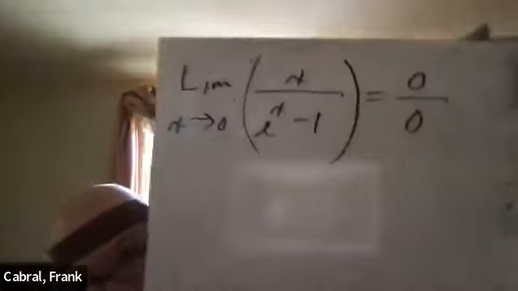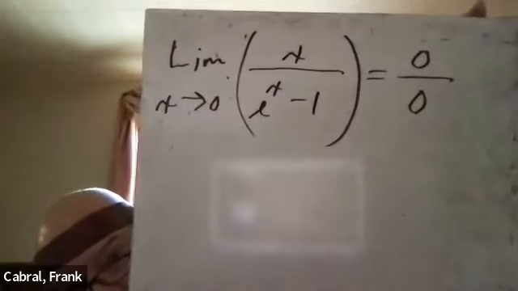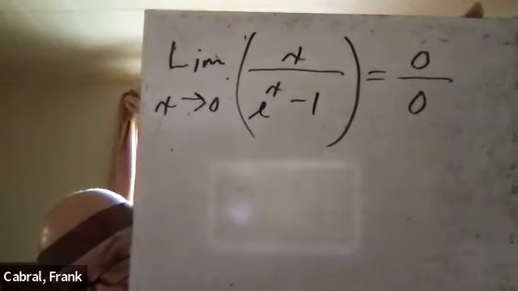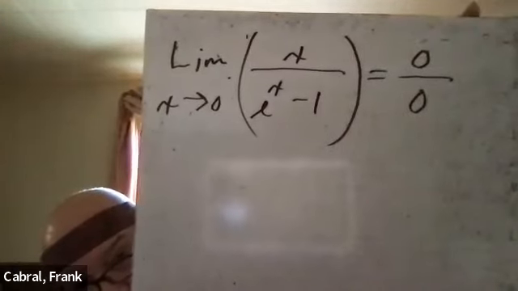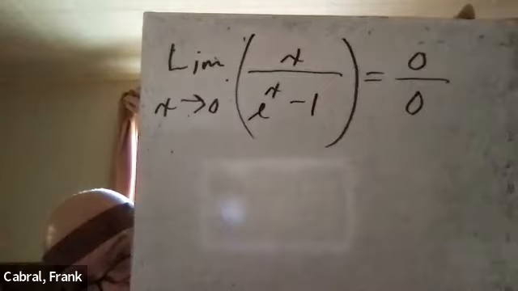Now, when we evaluate these limits individually, of course, the limit of the numerator is 0, and the limit of the denominator is also 0. So this is our second main or major indeterminate form, 0 over 0. So because it's 0 over 0, we can apply L'Hopital's rule, which says that we can take the derivative of the numerator and the derivative of the denominator by itself.